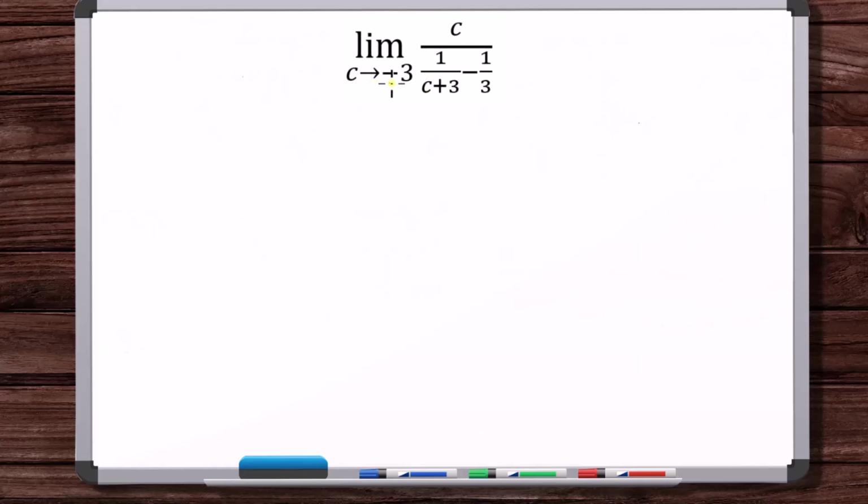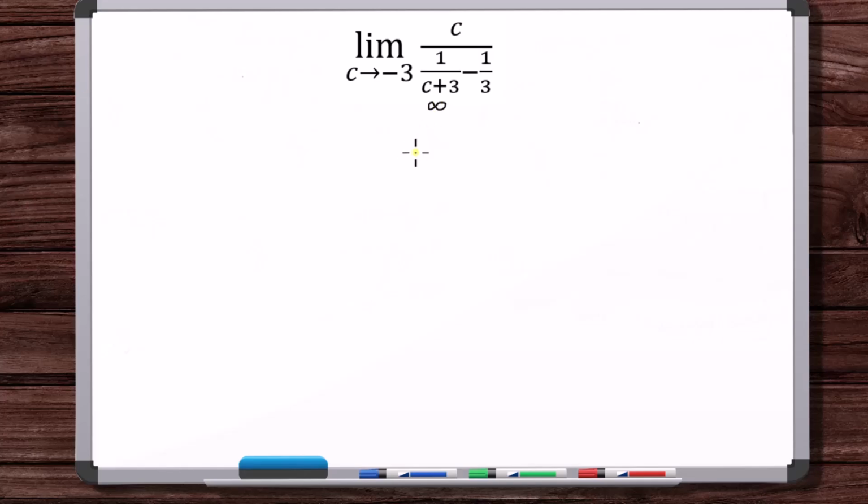Okay, the limit as c approaches minus 3 of c over 1 over c plus 3 minus 1 over 3. All right, so as c approaches minus 3, minus 3 plus 3 approaches 0, 1 divided by a number approaching 0 is infinity.